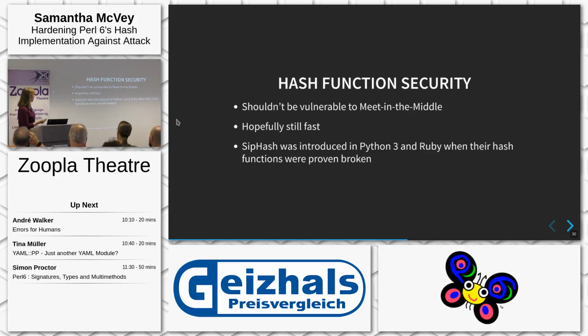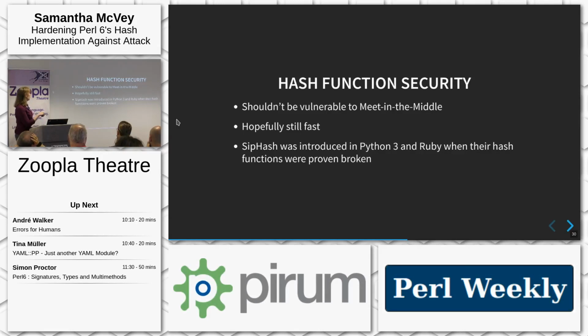Most of the more secure functions, such as ziphash, which Python 3 and Ruby now use, were created by researchers that started studying these hash functions because they had never been studied too much before.